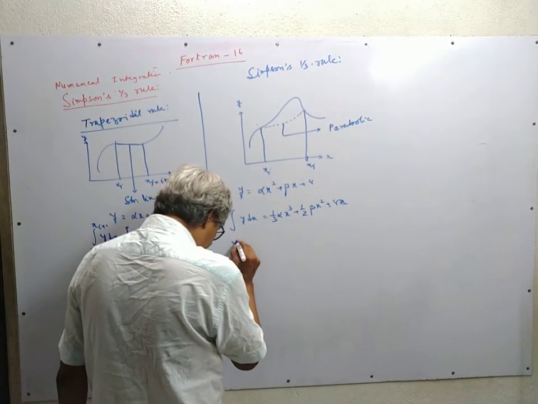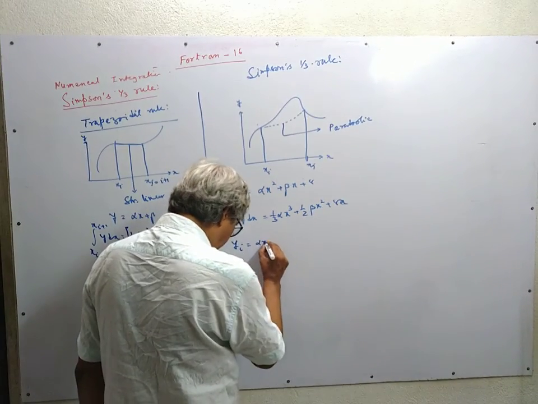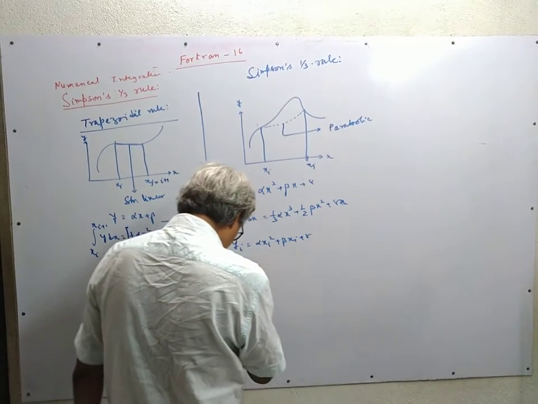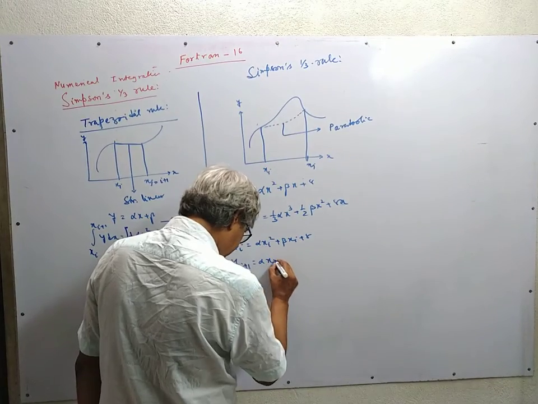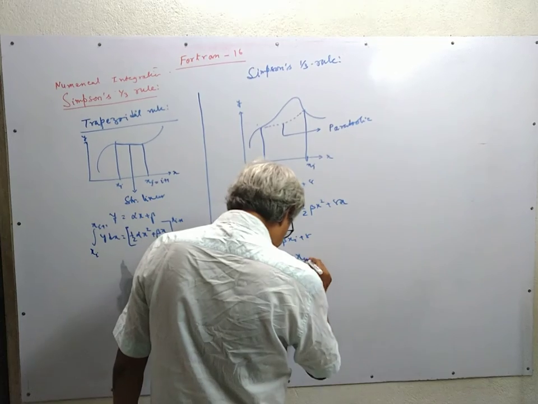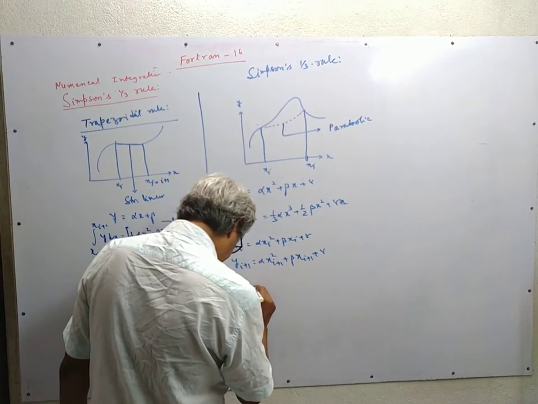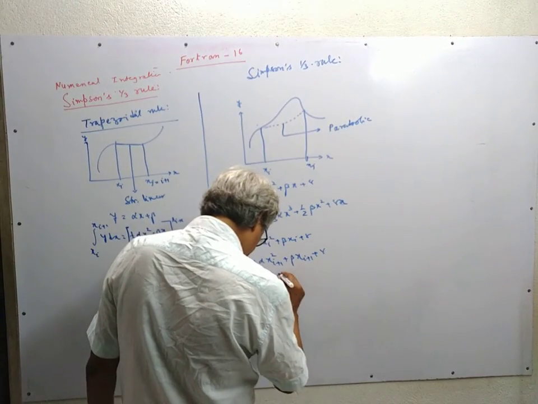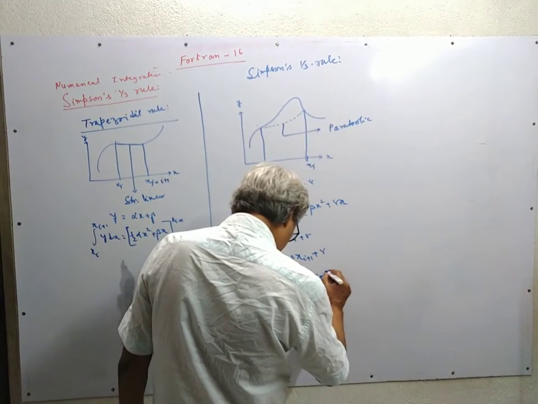This can be known from yi equals alpha xi square plus beta xi plus gamma, yi plus 1 equals alpha xi plus 1 whole square plus beta xi plus 1 plus gamma, and yi plus 2 equals alpha xi plus 2 whole square plus beta xi plus 2 plus gamma.